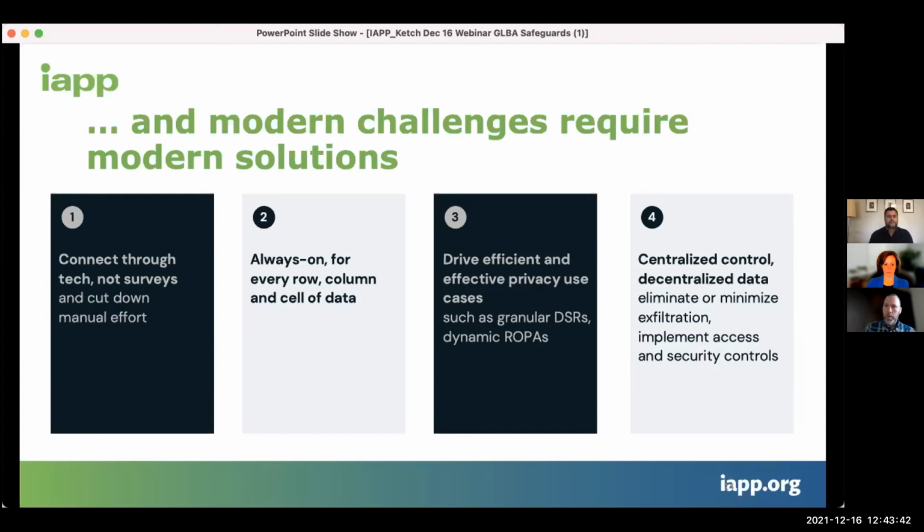And lo and behold, over here on what used to be a separate other side of my tasks, I need a record of processing activities, or I need data protection impact assessments, or I need privacy impact assessments, or I need transfer impact assessments. All of these other requirements from various other privacy laws can be much more efficiently dealt with and indeed solved by having this systems inventory as the foundation of what you're doing.